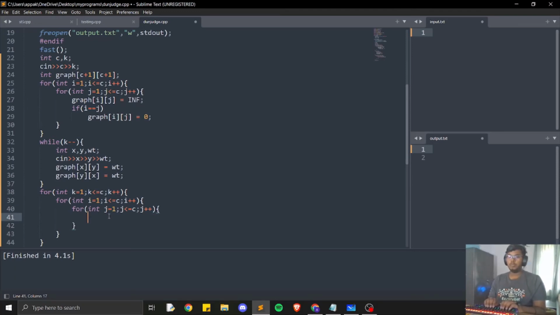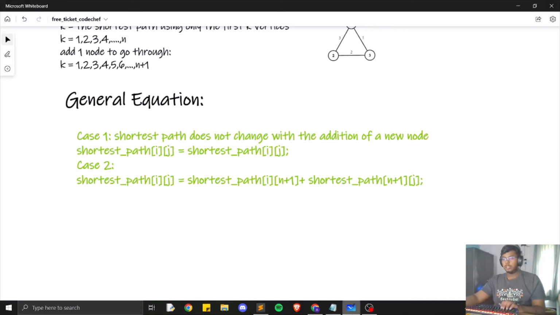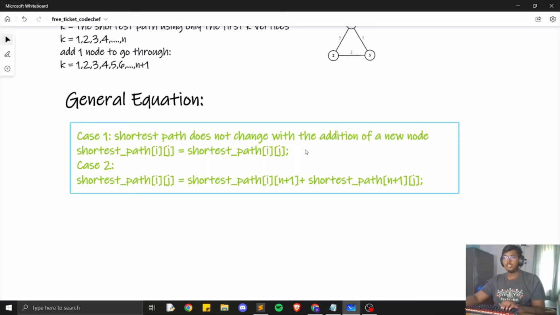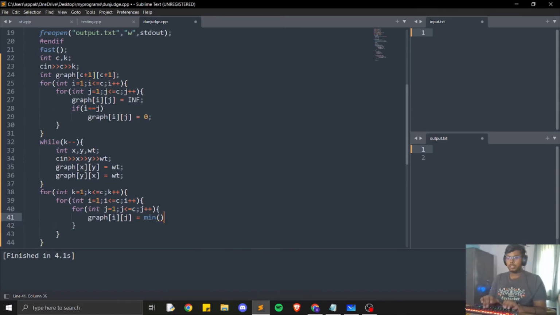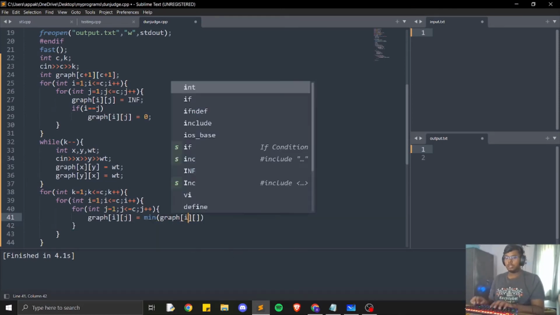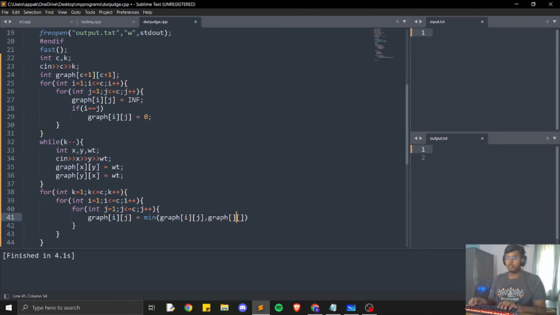The shortest path from i to j would be, as we discussed on the whiteboard, there were two cases: the shortest path i j, and the shortest path of i to k plus the shortest path of k to j. So we need to find the minimum of both of them. Let us write graph of i j equals minimum of graph of i j and graph of i to k, so we will be including the kth vertex, plus graph of k to j.